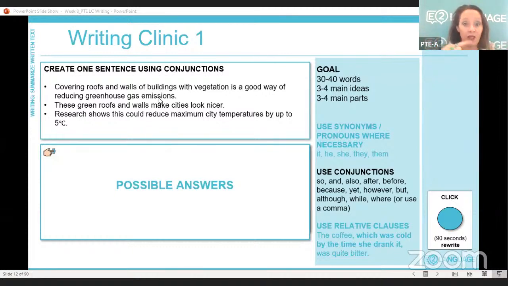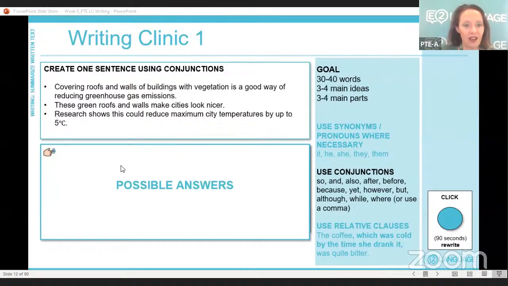It's saying that there is vegetation, it reduces greenhouse gases, it makes cities look nicer, and it reduces the temperature of the whole city. So you don't need the contrasting word, however. So you can use linking words which mean and, in addition, that sort of thing, or possibly a reason like because or so, okay? So good to practice.